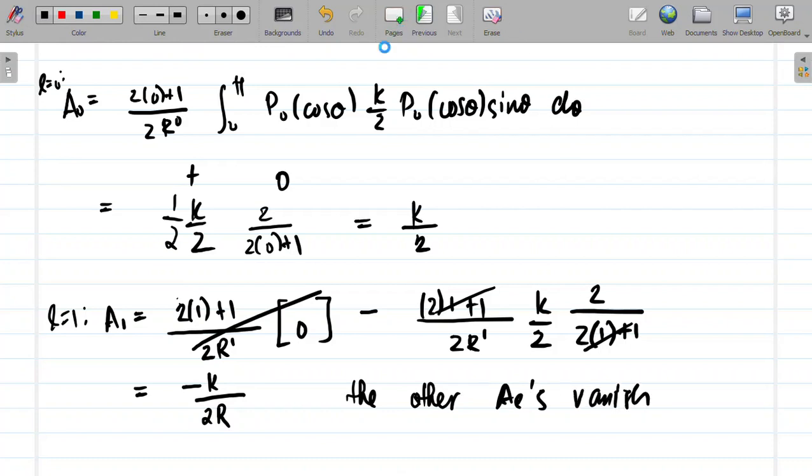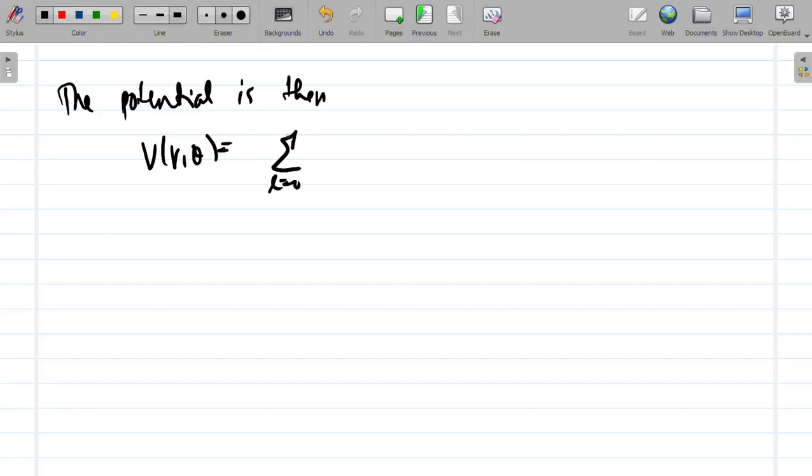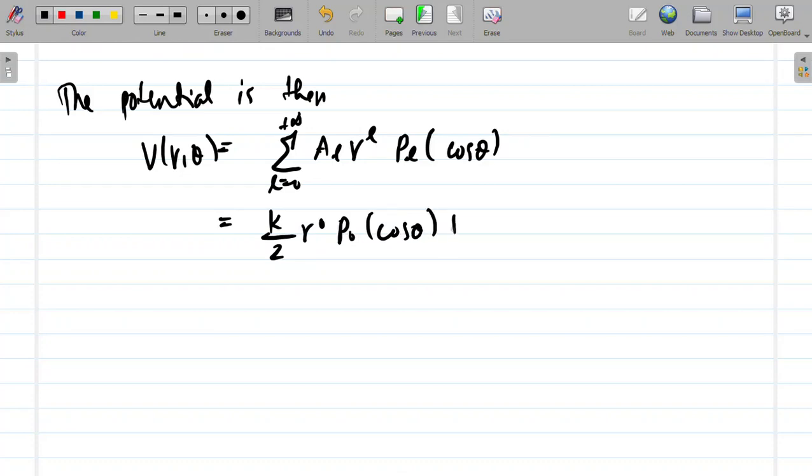So, now, class, the potential, therefore, is then V of R theta equals summation, sulat ko lang ulit, L equals 0 to positive infinity, A sub L, R to the L, PL of cosine theta. This is K over 2, R to the 0, P0 of cosine theta, plus negative K over 2R, R to the 1 P1 of cosine theta plus 0 plus 0 plus dot dot dot.